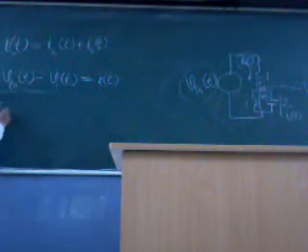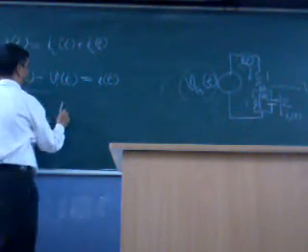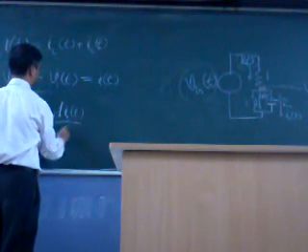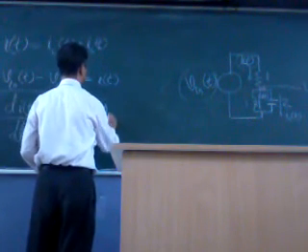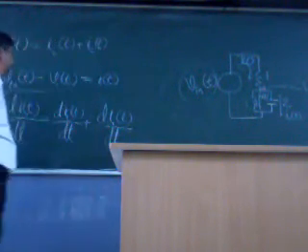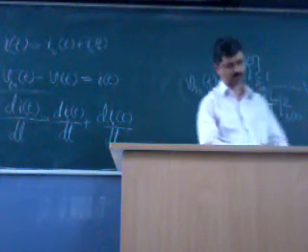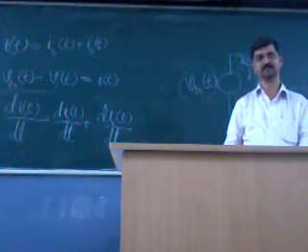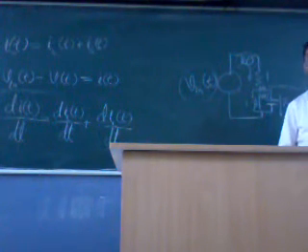So what we get? di(t)/dt is equal to diL(t)/dt plus diC(t)/dt.